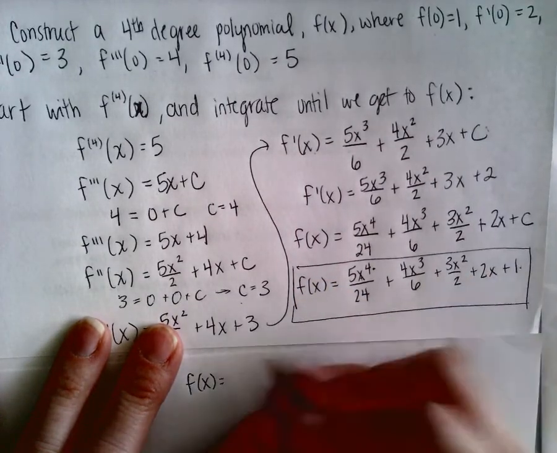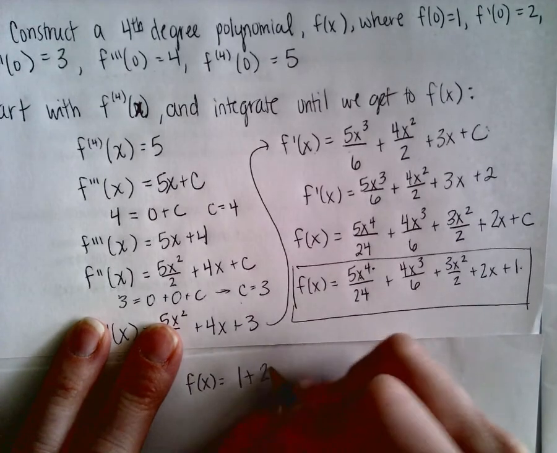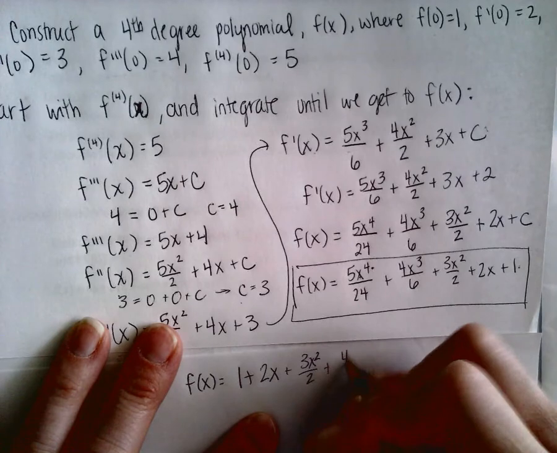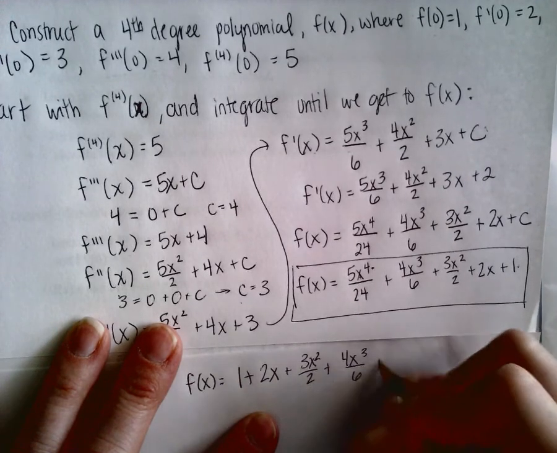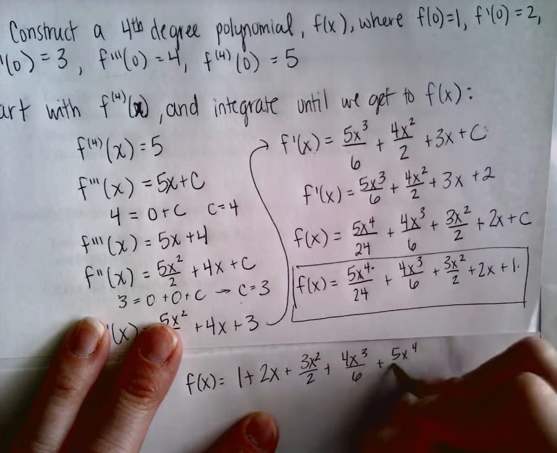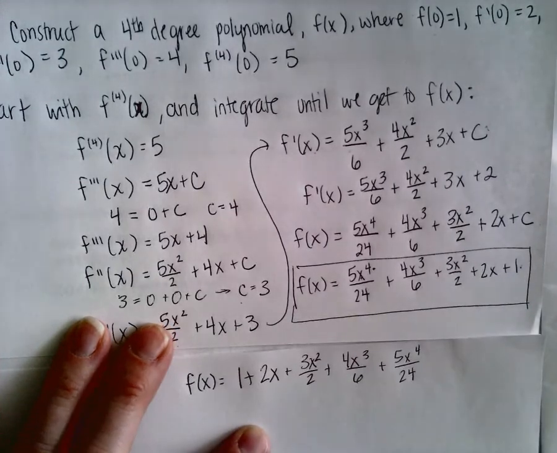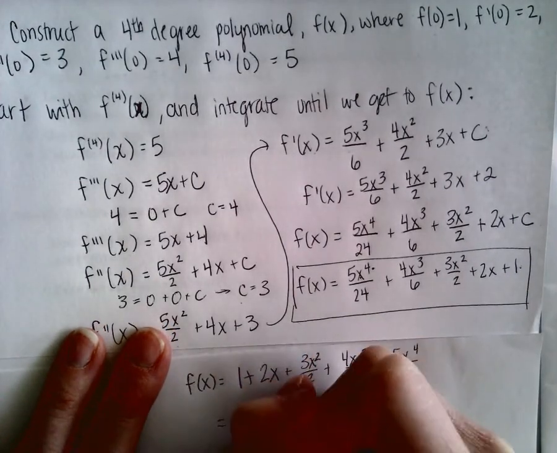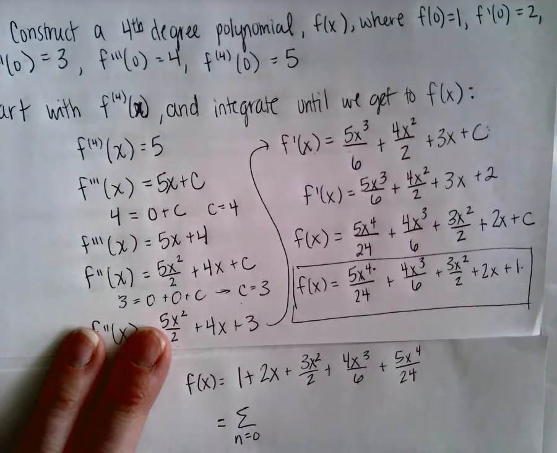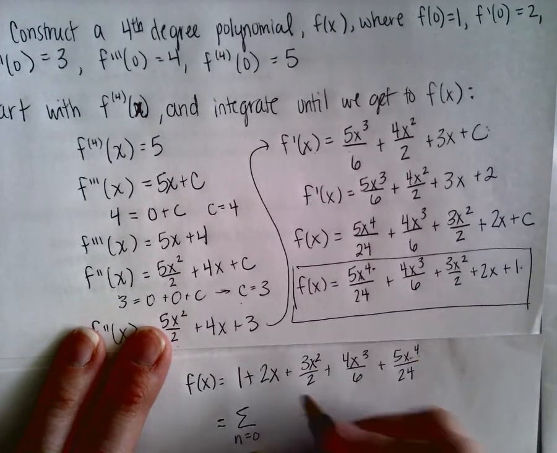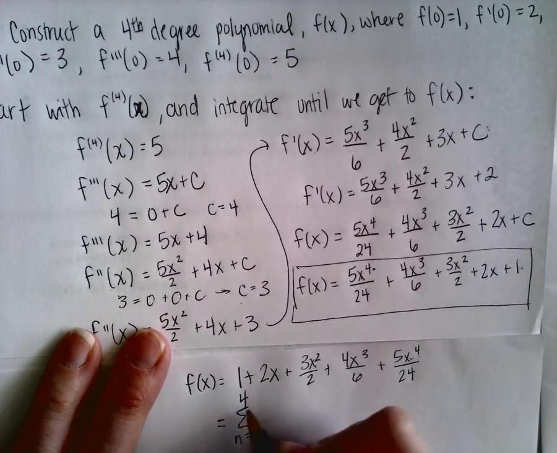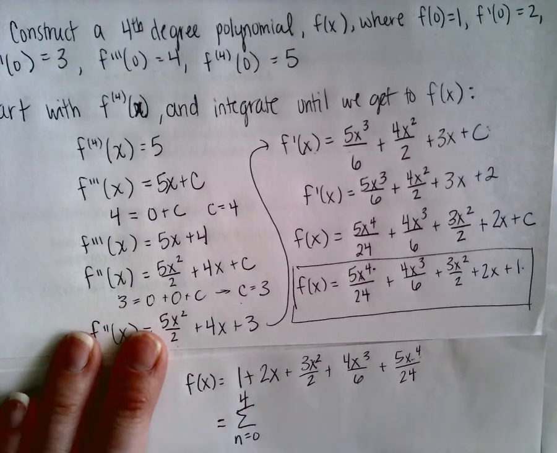So I'm just going to write it like this. 1 plus 2x plus 3x squared over 2 plus 4x cubed over 6 plus 5x to the 4th over 24. Okay, so I'm going to start at n equals 0, and I'm going to go up to n equals 4, because I'm just stopping there. So this one's not infinite. Okay, I have a beginning and an end. This is fun, writing a polynomial in sigma notation.